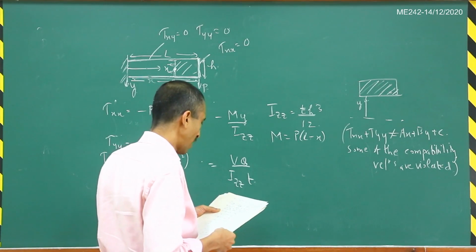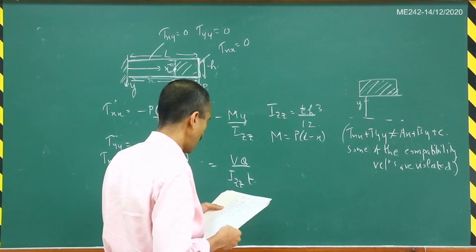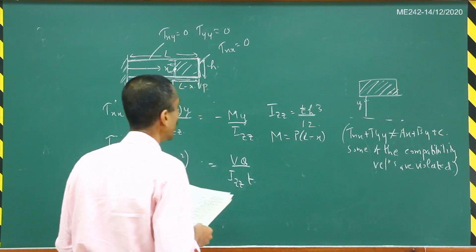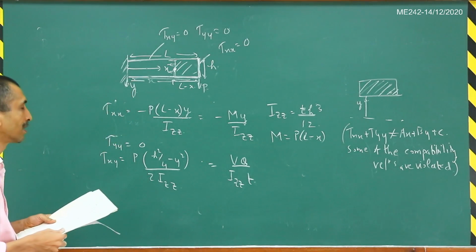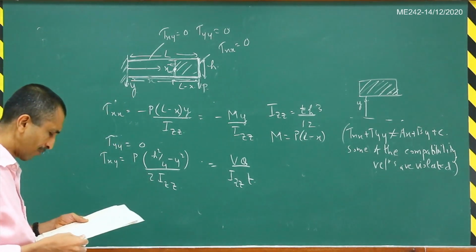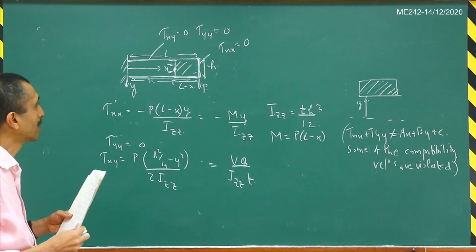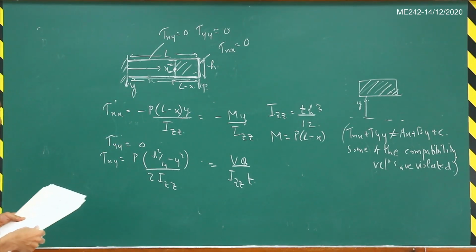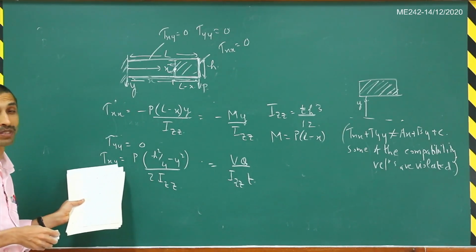Now let us look at the displacement field. As I said, not everything is going to match with your strength of material solution, and you will see the displacement field is fairly complicated here. Just one comment I would like to make here is that this is where the Saint-Venant principle comes in.